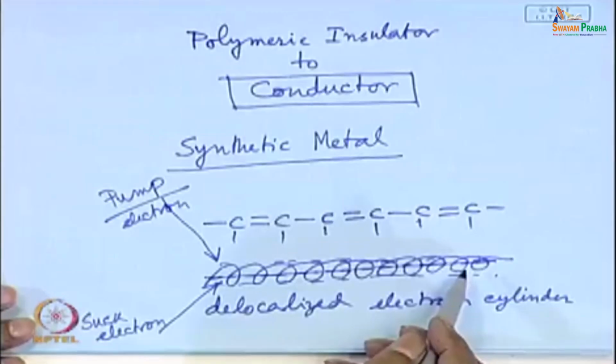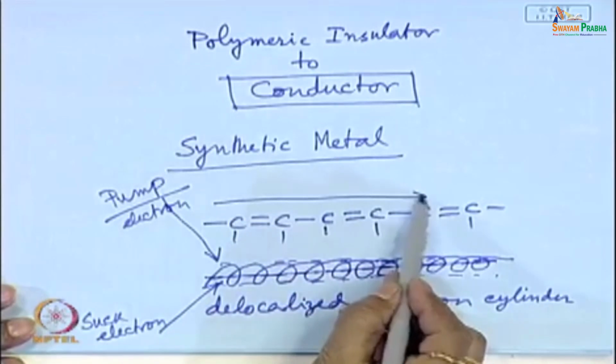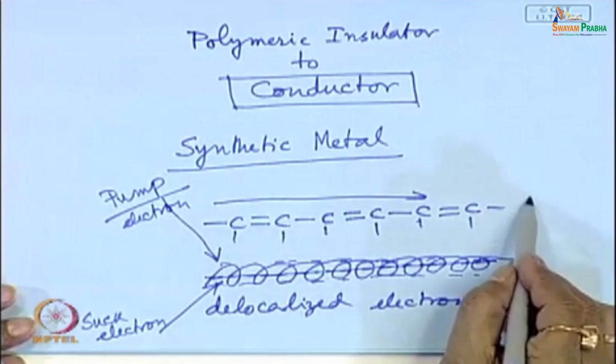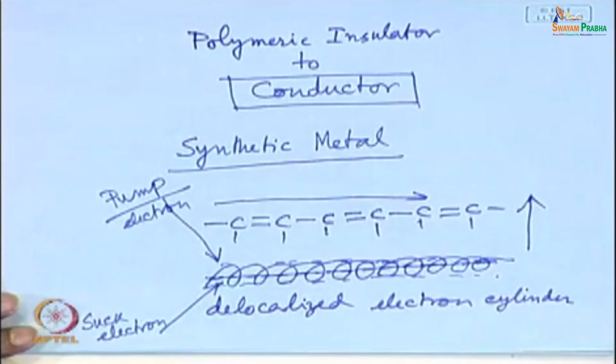That means molecular alignment, that means it is related to crystallinity, molecular order, is not it? Otherwise, there will be short circuit. Theoretically, we are telling that electron cloud is delocalized, that means it is in this direction, but we do not bother to think in the other direction also, conductivity in the other direction.